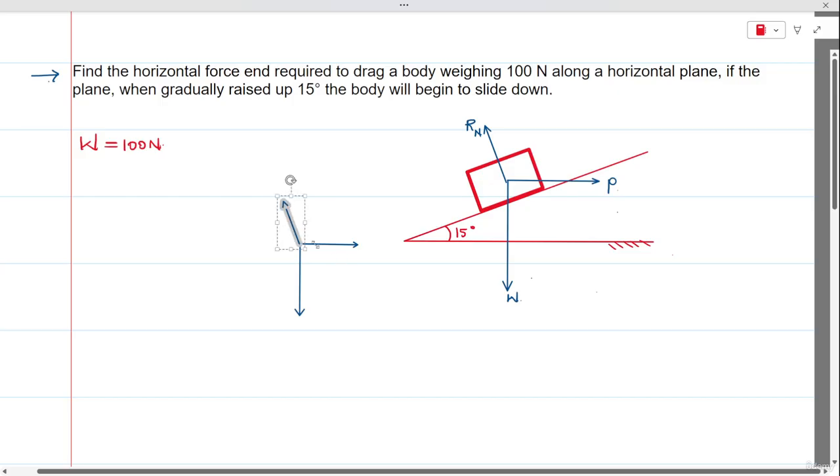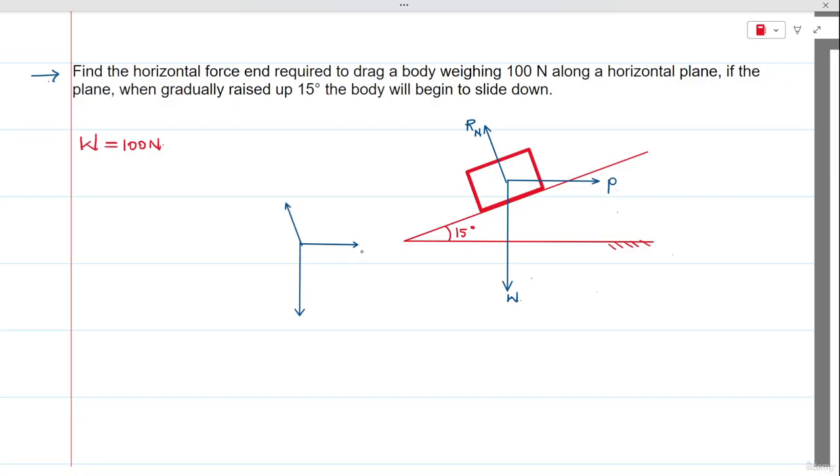Now we are dealing with only three forces. So whenever we have three forces at a given point, we can simply make use of Lami's theorem.